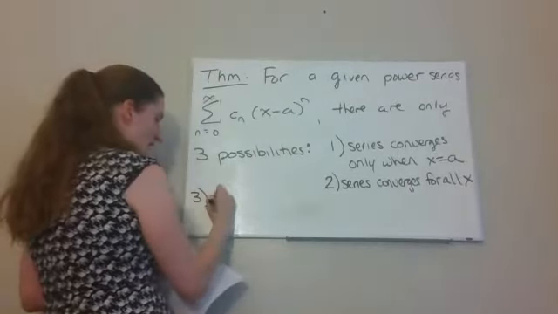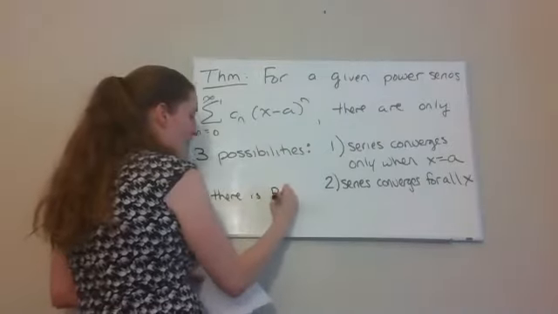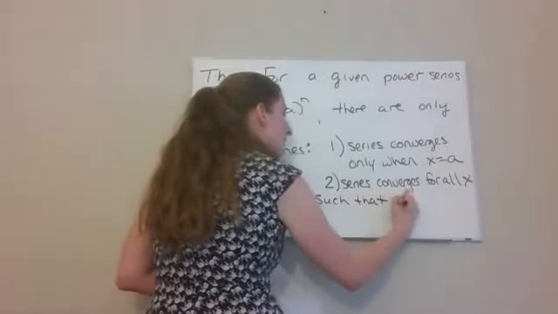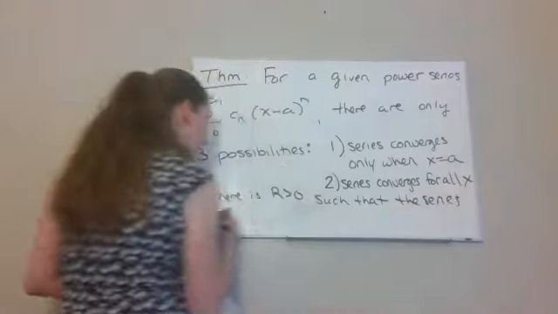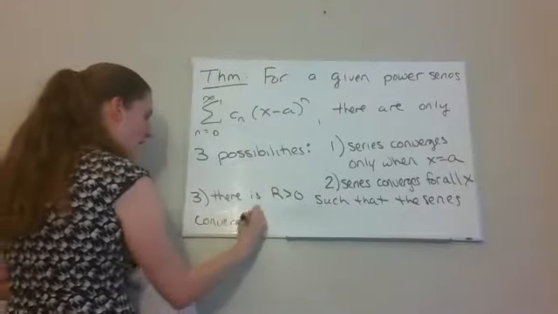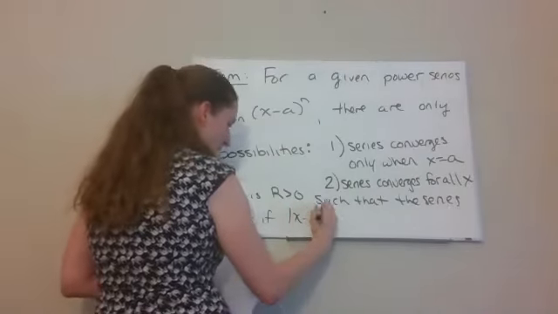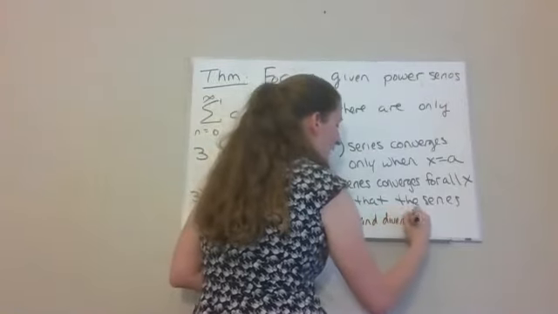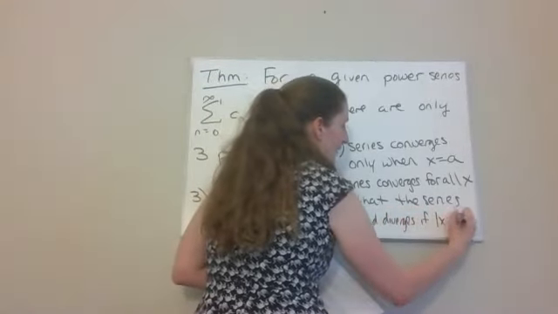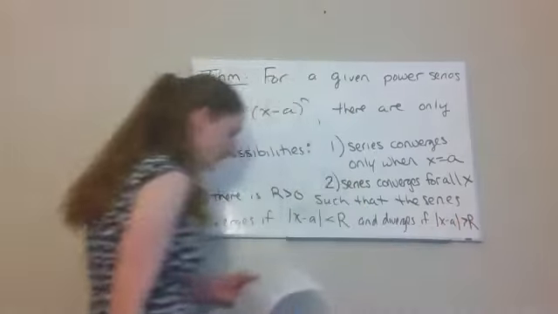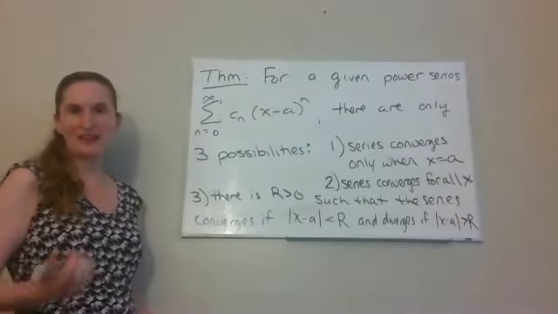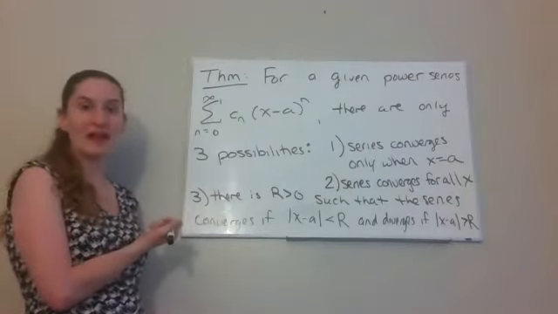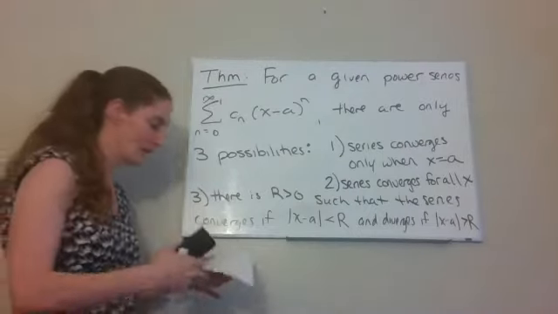It says there is a number r bigger than 0 such that the series converges if the absolute value of x minus a is less than r, and it diverges if the absolute value of x minus a is bigger than r. And when x minus a in absolute value is exactly equal to r, you have to check those points individually. That was checking the endpoints like we did in the last example.